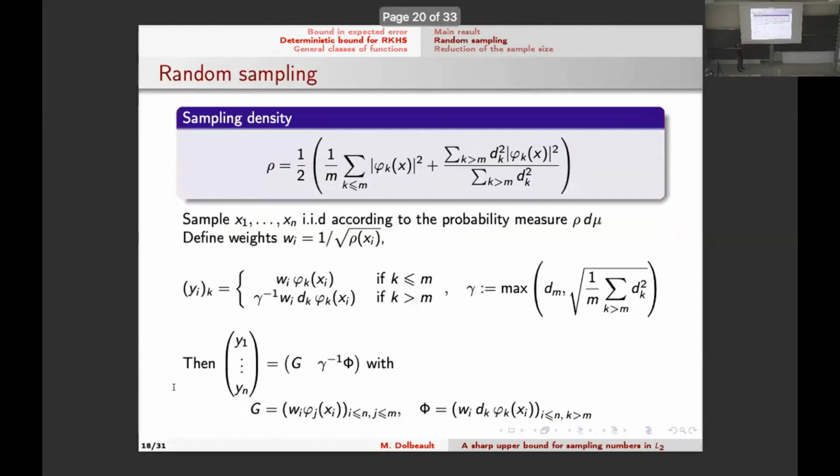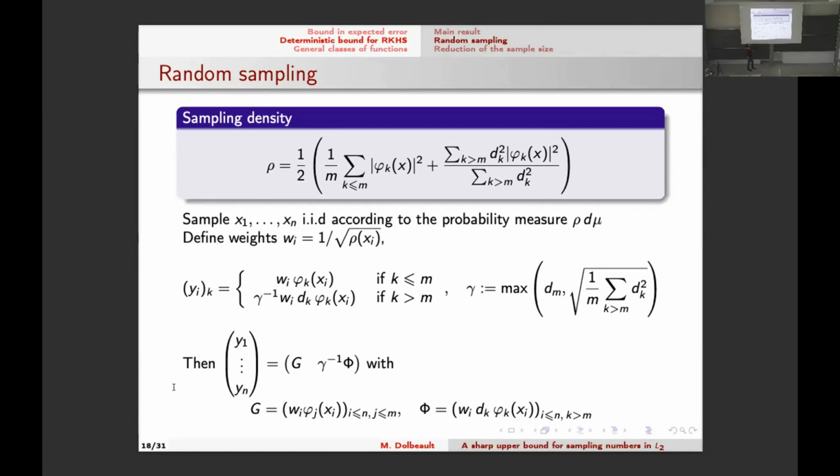I will skip most of the proof, just to tell you that the sampling density here looks like the previous one. There is still the Christoffel function, but there is a second part for the remainders, so for the elements phi k with k larger than n, the basis functions that are not in the approximation space V_m. With this, I'm doing pretty much the same thing.